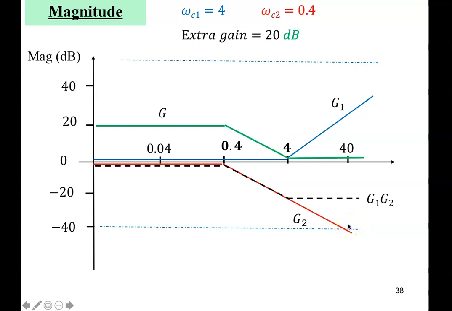Positive 20 plus minus 40 will give me minus 20. So I got minus 20 there, so I'm going to connect that back up. If you go further, you will get a constant minus 20 as well. So the black dashed line here is the magnitude plot for G1 times G2.